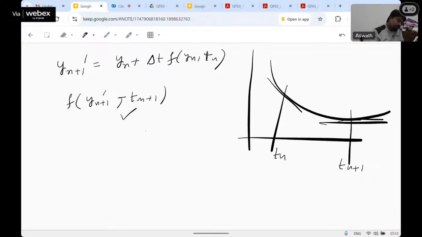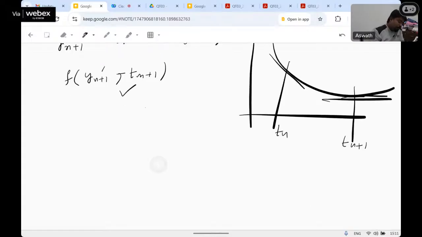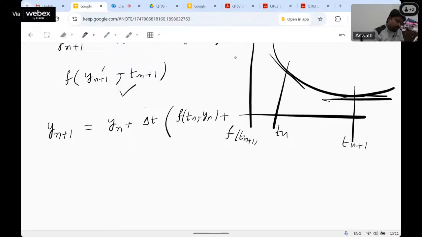One slope is this, another slope is this. You take the average of both of them and use that to find the solution, which is delta t into f of t n comma y n plus f of t n plus 1 comma y n plus 1 prime, divided by 2.